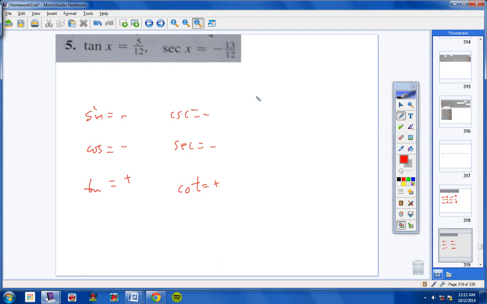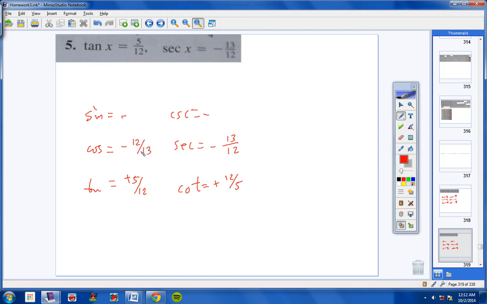Here we go. Okay, tangent is 5/12. Positive 5/12. Secant is 13 over 12. Okay, here we go. Now, if tangent of x is 5/12, then cotangent would be 12/5. If secant is negative 13/12, then cosine is negative 12/13.